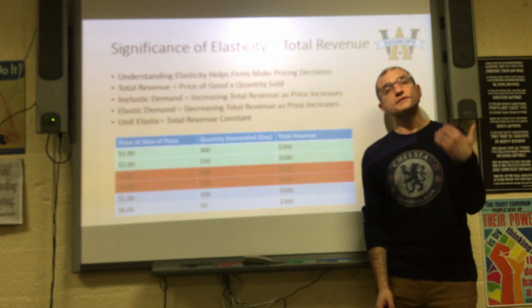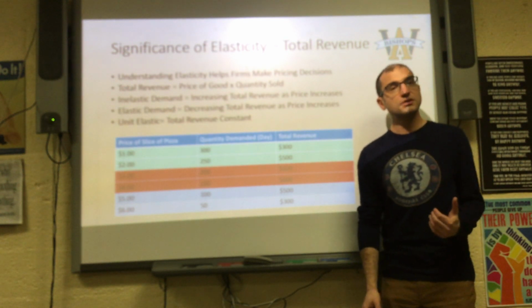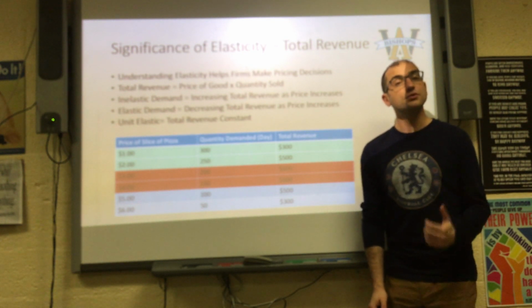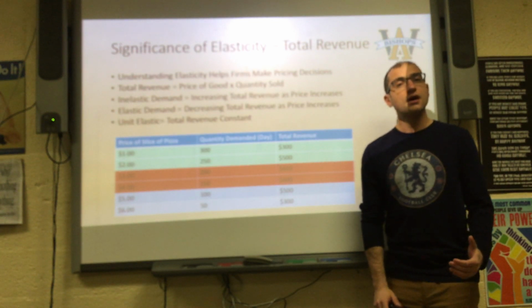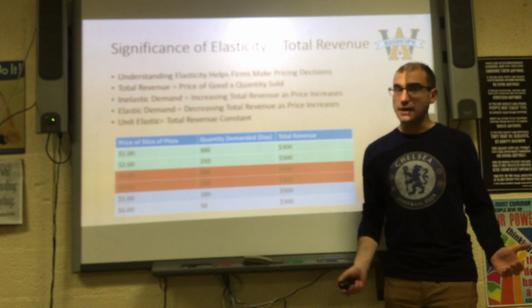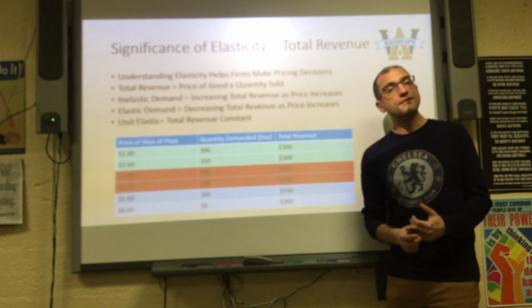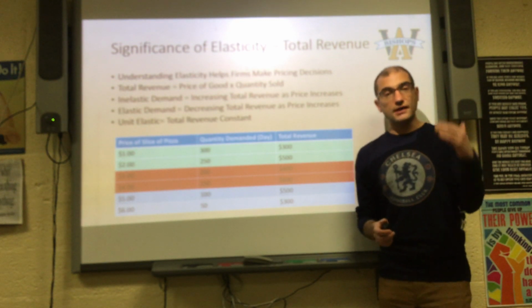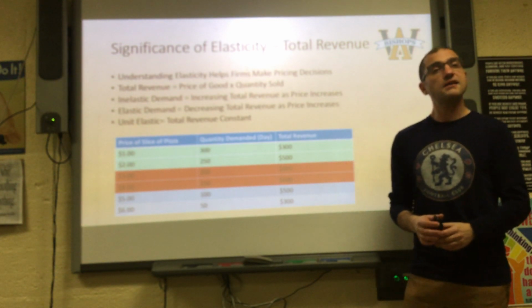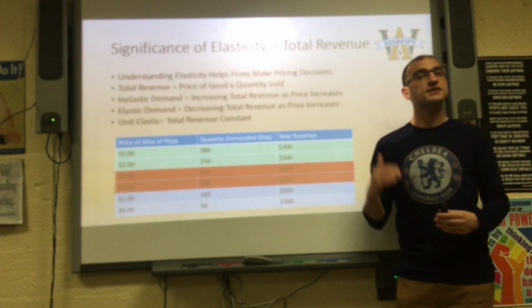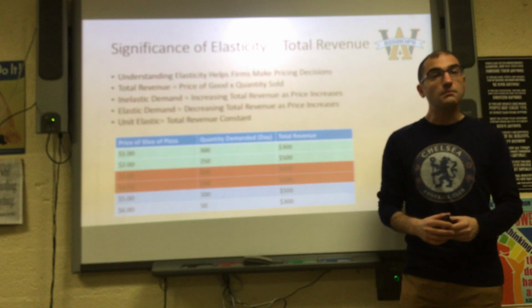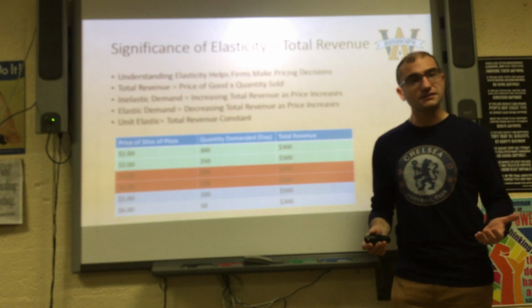If I look at the jump between 2 price points, if my total revenue is increasing, I've got inelastic demand. Whereas if I go between 2 price points, and my total revenue is decreasing, I will have elastic demand.